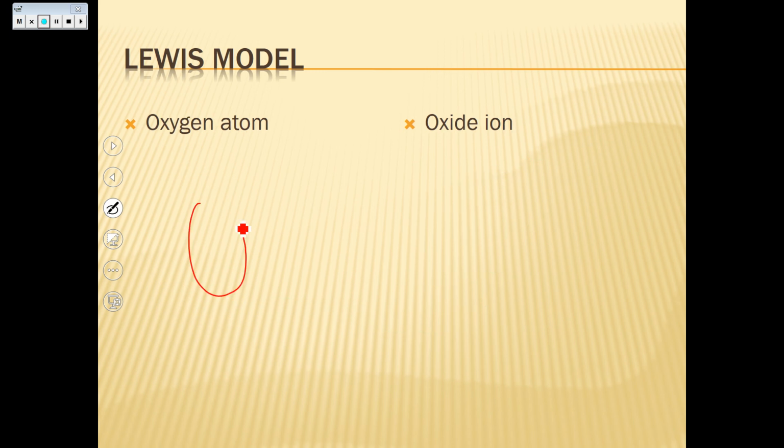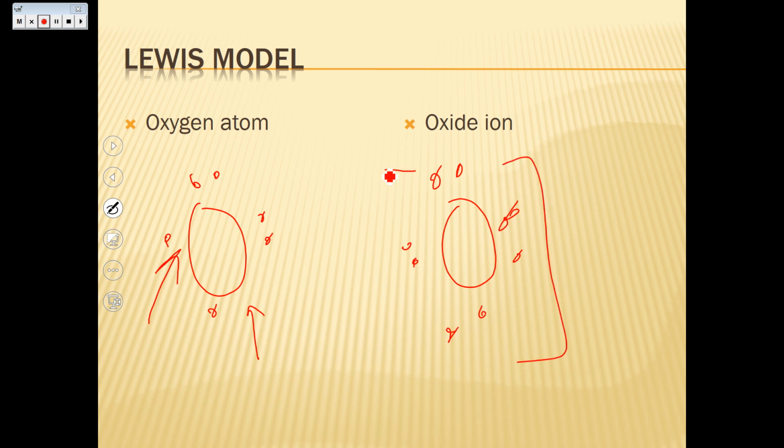For the oxygen atom, we have 1, 2, 3, 4, 5, and 6. It is going to pick up 2 electrons in those 2 spots. So 1, 2, 3, 4, 5, 6, 7, 8. And then it will have a 2- charge.